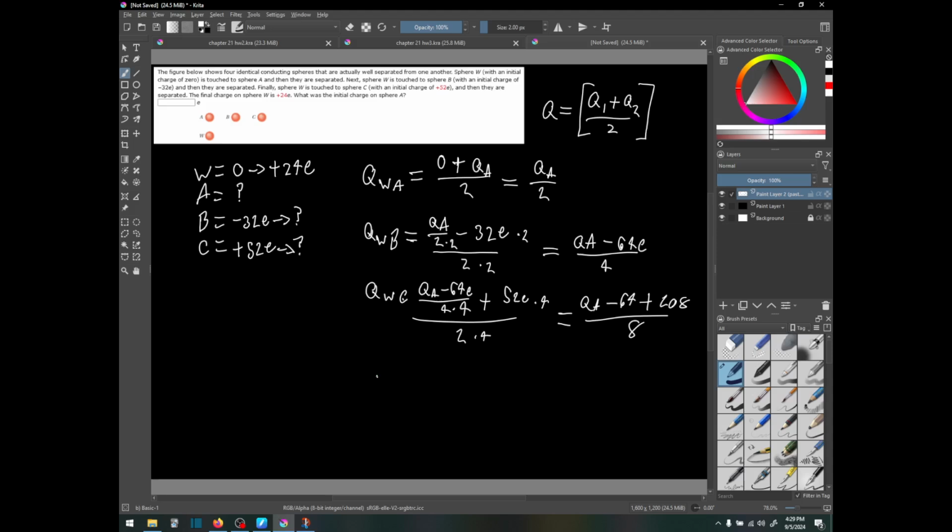So now what we can say is QW equals QA minus 64 plus 208 all over 8 equals 24E. I should say these have E at the end. Now if we do 24E over 1, we can cross multiply.